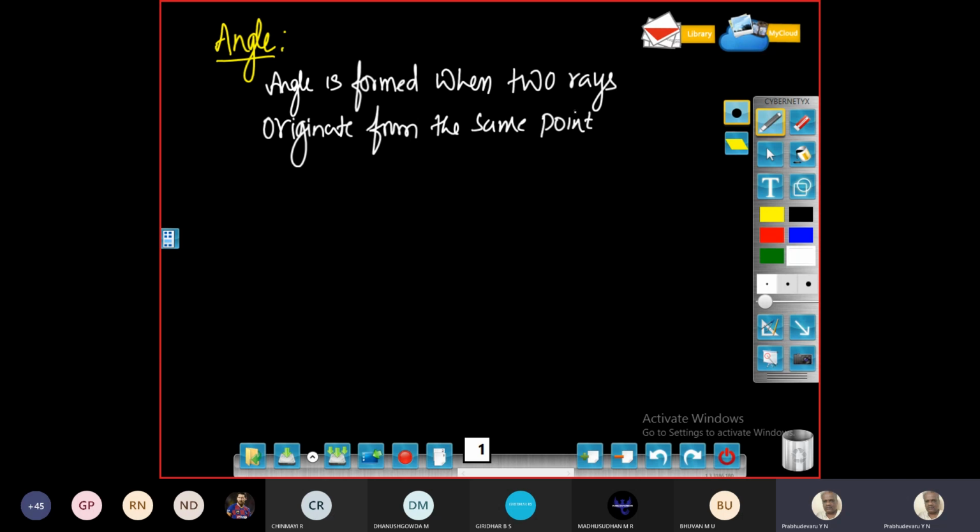So we need two rays here, and the diagram I am going to draw here. Look at this.